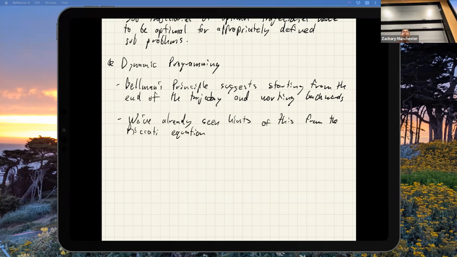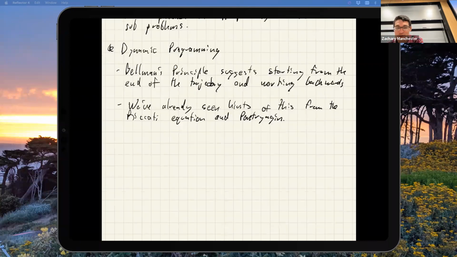We saw this in the Pontryagin minimum principle equations, right? So remember the lambda recursion went backwards. The x equation, with just the dynamics rollout, went forward. The lambda equation went backwards. And the u calculations that were coming from lambda also went backwards, right? So this shows up in lots of places. And hopefully this whole Bellman story ties that all together.